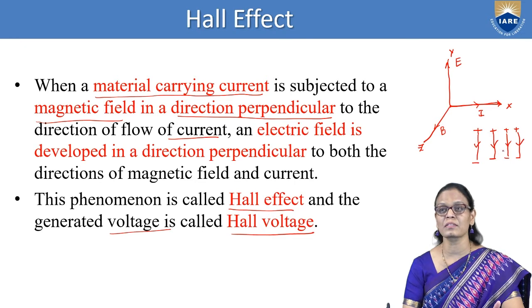Because of this, there will be a difference in voltage between the two. We consider plus always to be at a higher potential and negative always at a lower potential. So because of the field that is generated, there will be a potential difference between the two, and we can measure the potential difference, which we call the Hall voltage.